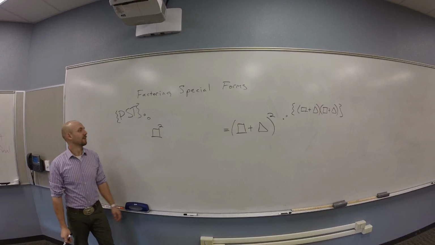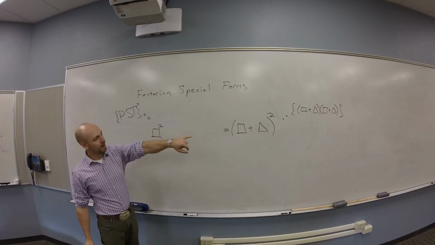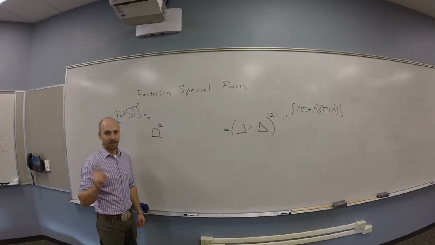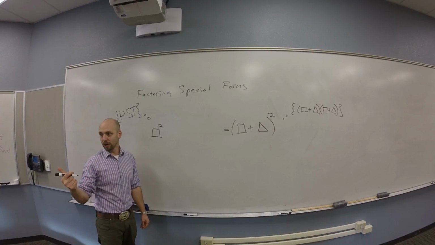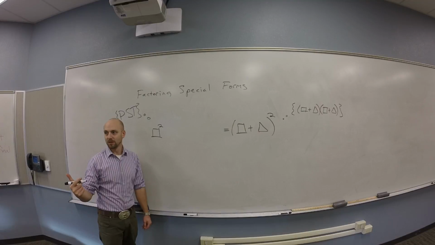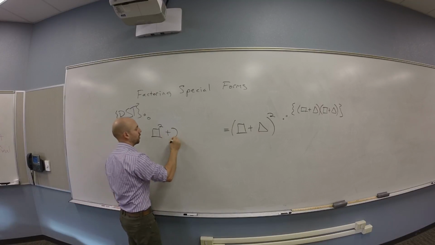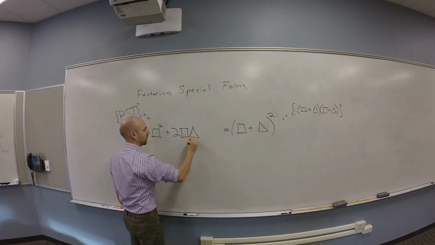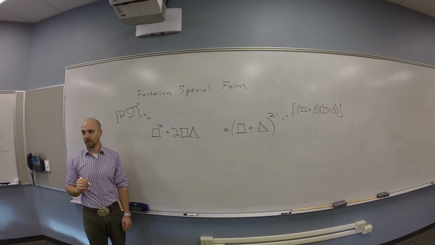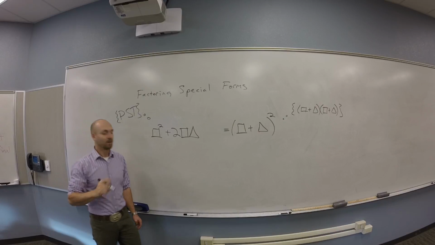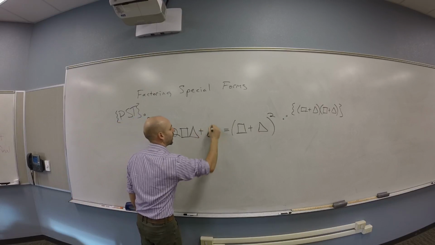So I got square squared, and then there's a square triangle from the O, and from the I there's triangle square. Those are the same thing, so there's 2 square triangle. And then the last is triangle squared.